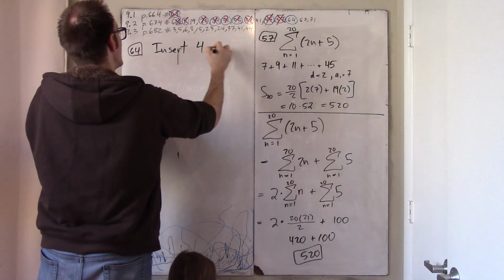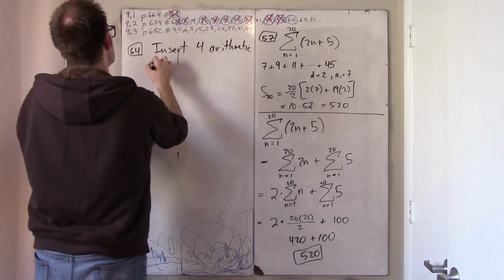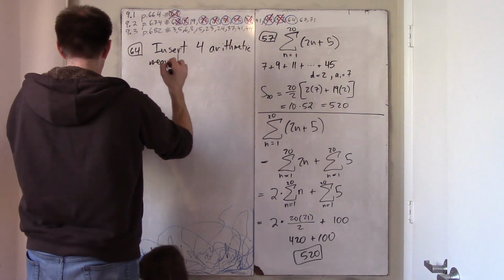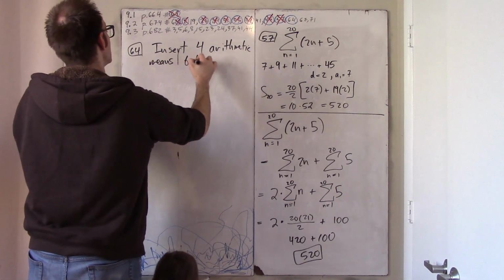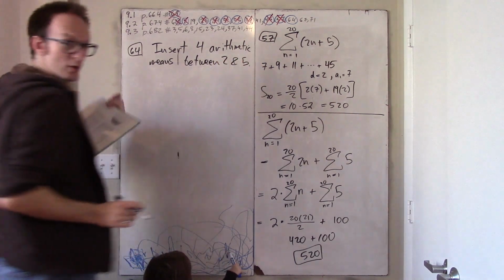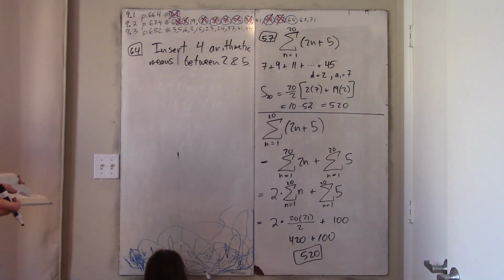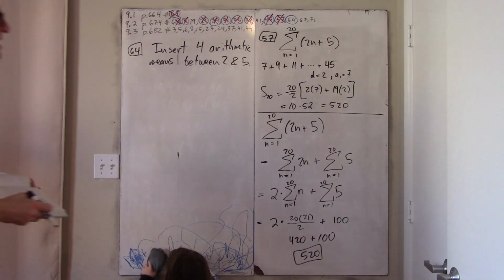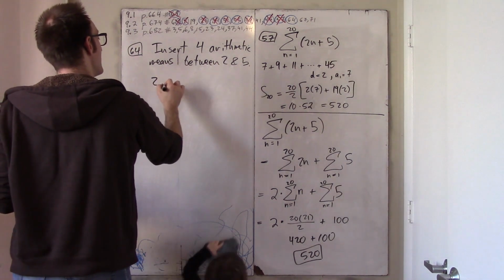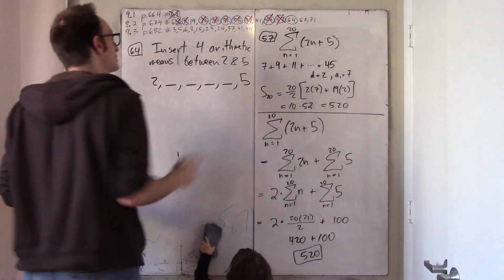So insert 4 arithmetic means between 2 and 5. Okay, so doing this problem is not hard, but probably understanding what they're even talking about and why I should care maybe is the hard part. The idea is that here's 2, and I just want 4 numbers in between 2 and 5.